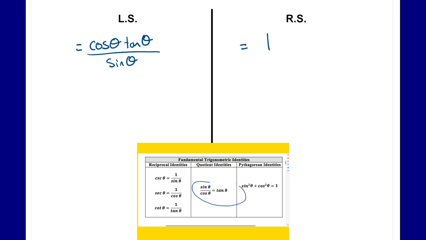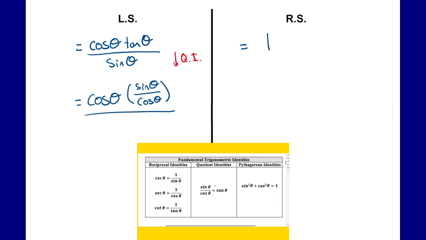I can replace tan theta, using the quotient identities, with sine theta over cos theta. So I'm going to have cos theta times, instead of tan, sine over cos, and that's still all divided by sine theta.